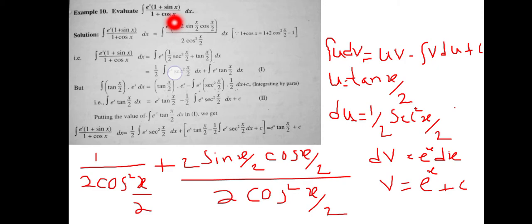In half angle formulas, sin x can be written as 2 sin x/2 cos x/2, and 1 plus cos x can be written as 2 cos square x/2. Now we can separately divide by 2 cos square x/2: 1 divided by 2 cos square x/2 gives 1/2 times 1 by cos square x/2, which is equal to secant square x/2.